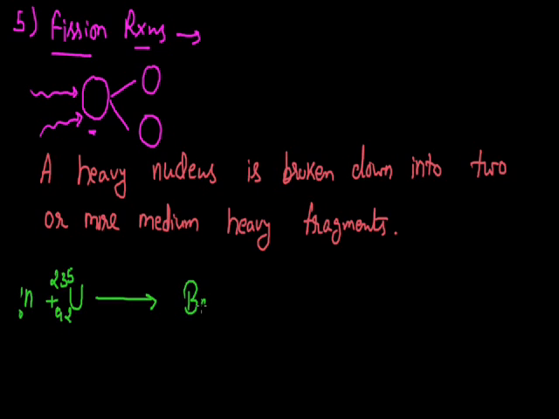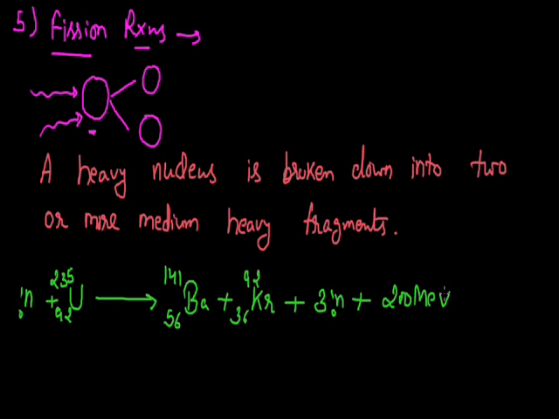The one is barium with atomic number 56, and the next one is krypton with atomic number 36, and the mass numbers of these two are 141 and 92 respectively. So this reaction occurs, but one more kind of particle is formed here, and that is 3 neutrons. This is a highly exothermic reaction, and the amount of energy released in one fission reaction of uranium is approximately 200 mega electron volts.